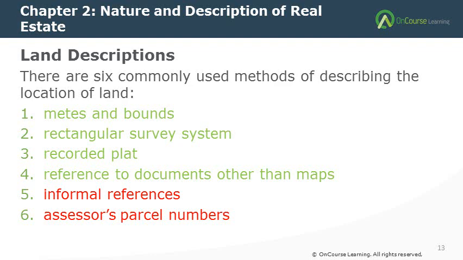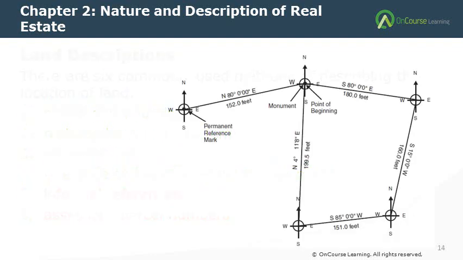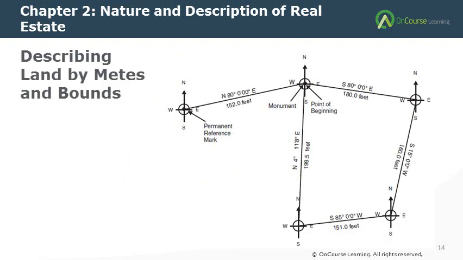The last couple of methods are informal land descriptions. These are the 2 in red, informal references such as street addresses and assessor's parcel numbers. Well, let's take a look at each one. First, let's talk about describing land by metes and bounds.